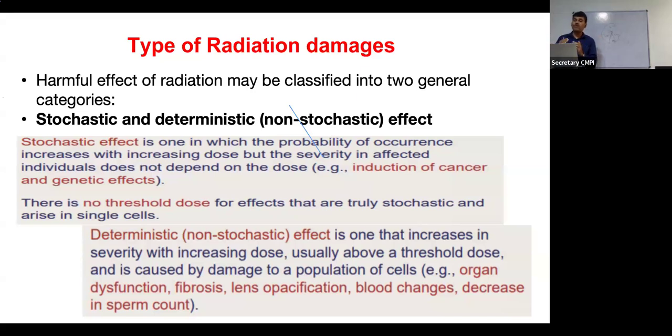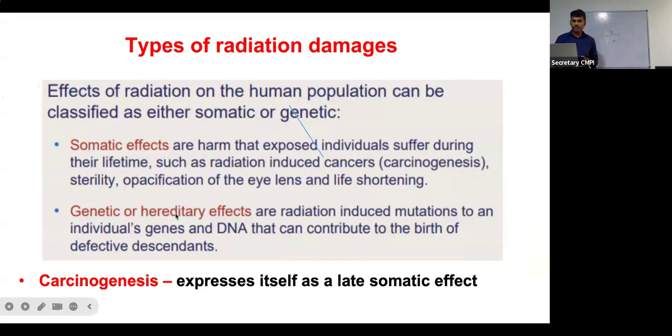But the probability of occurrence, the chance of getting the effect, is higher with higher radiation. That is the stochastic effect. Deterministic effect definitely has a threshold dose, so the effect occurs once you exceed that threshold dose. And the severity is also proportional to the dose in the case of deterministic effect.